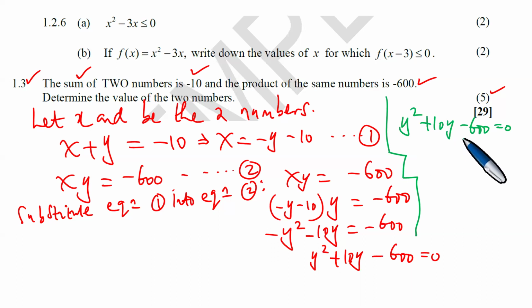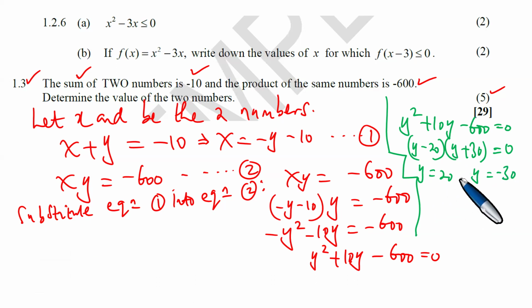The factors of minus 600 that give 10 are y minus 20 together with y plus 30. Minus 20 and 30 give us minus 600, yet 30 minus 20 is 10. And the result is 0, meaning y is 20 or y is minus 30. Pay particular attention to that and make sure you understand that.